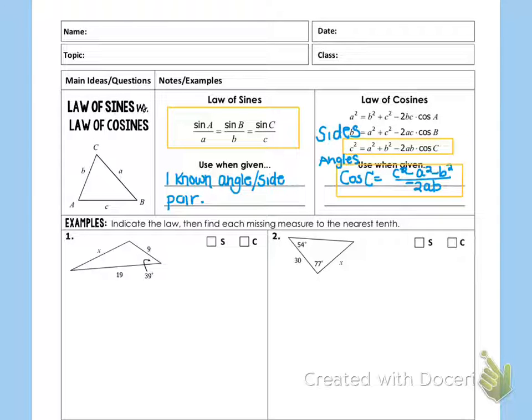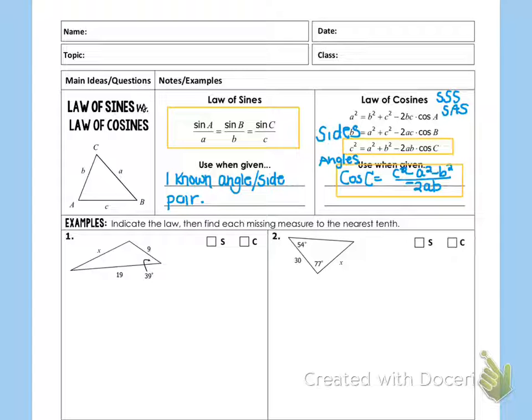And so when they say use when given, they usually want you to state side-side-side, and law of cosines is used when you have side-side-side. In other words, you know all three sides, or you know side-angle-side, you know two sides and the angle between them. And you just choose whichever one of these is appropriate if you're finding sides or if you're finding angles.